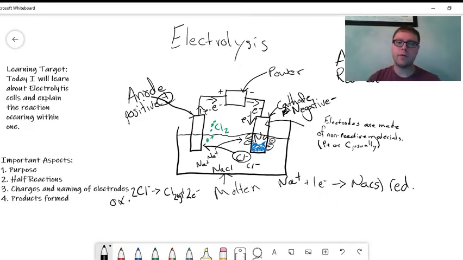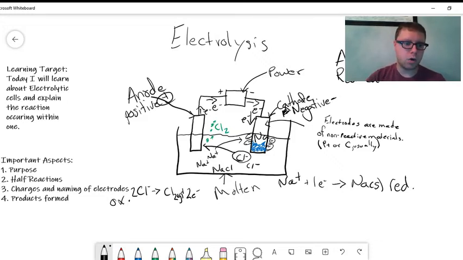So this is a way industry can actually get sodium metal, okay? Over here on our anode, our positive electrode, we get chlorine gas, okay? Chlorine gas does also have other uses in other reactions, so it's not just a useless product, but it is harmful. So you want to make sure that you're collecting it in the right ways and you're not breathing it in.